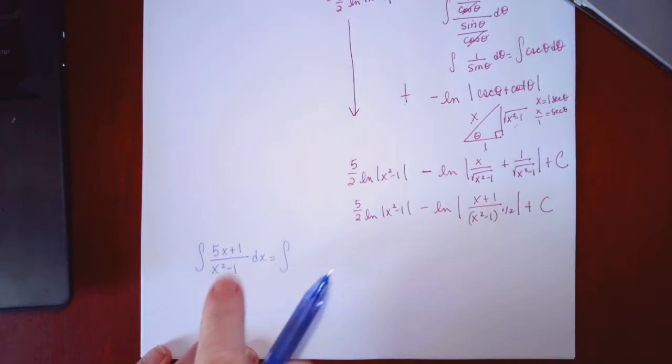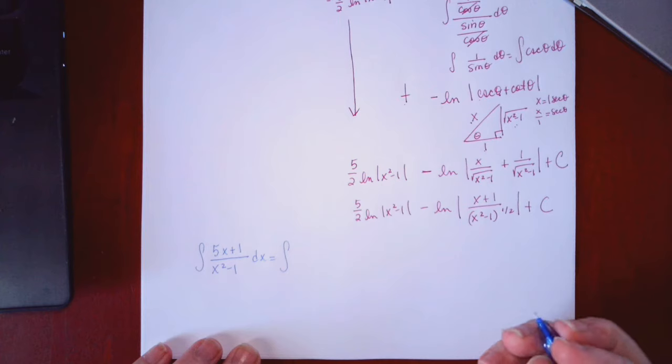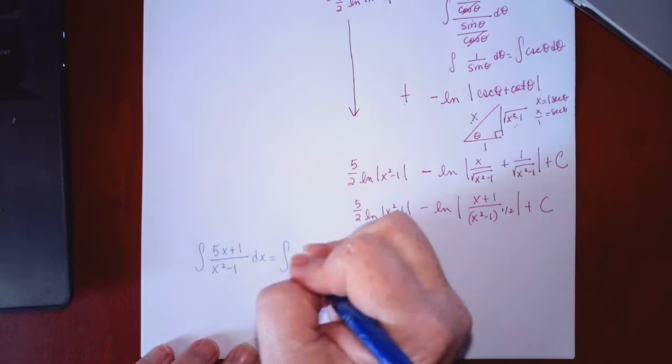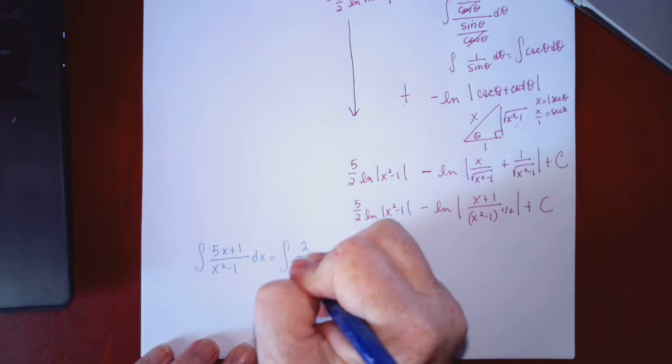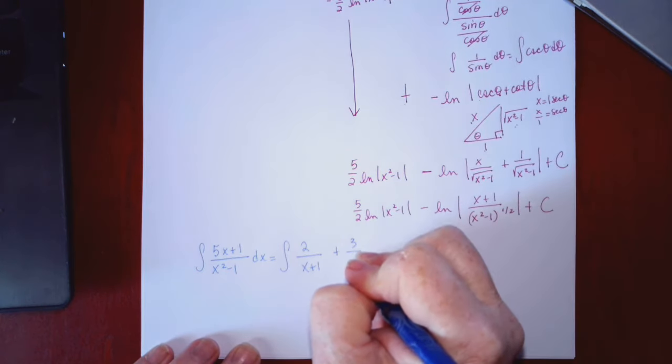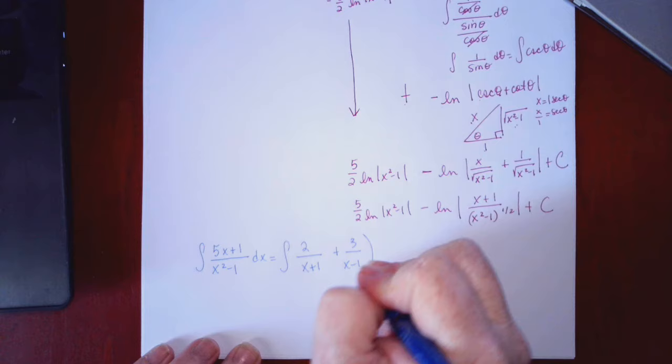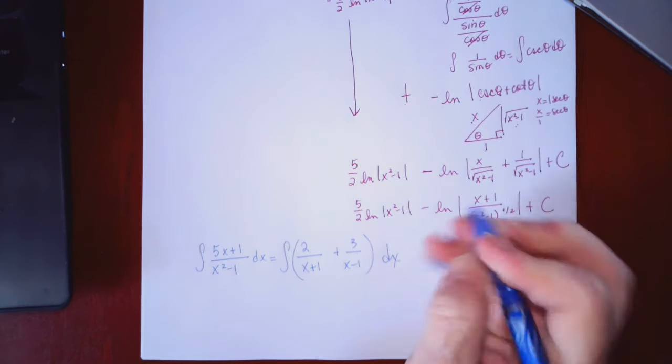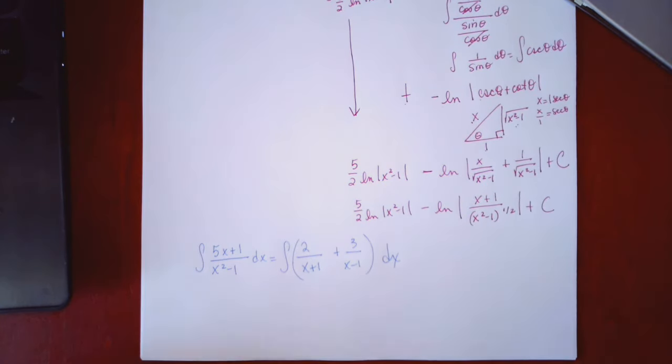If I told you that the integral of 5x plus 1 over x squared minus 1 is the integral of 2 over x plus 1 plus 3 over x minus 1, which way would you rather integrate it?